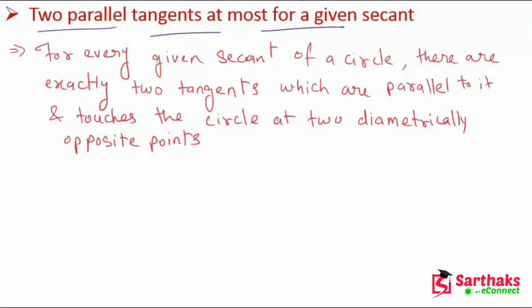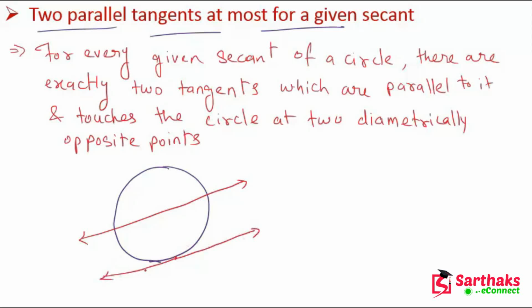Let's suppose we have a circle like this, and we have a secant like this. For every secant of a circle, there are two parallel tangents.